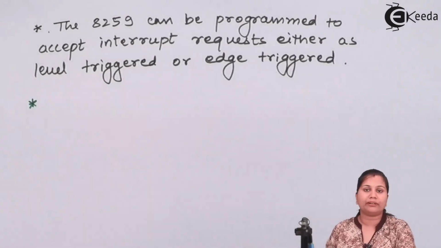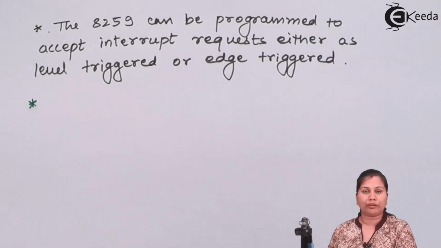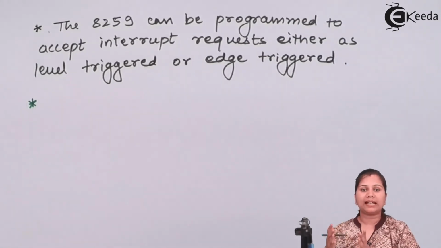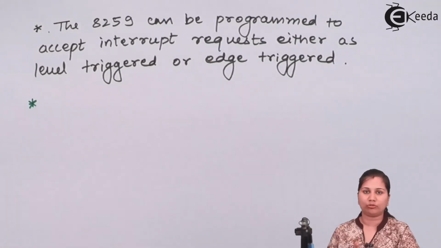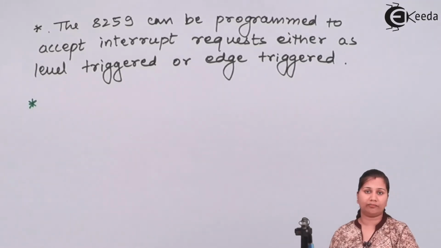Now with 8259, I have said that it can handle 8 interrupt pins, means 8 interrupt requests can be handled at one time. Now if we want more than 8 interrupt requests, how are we going to do this?